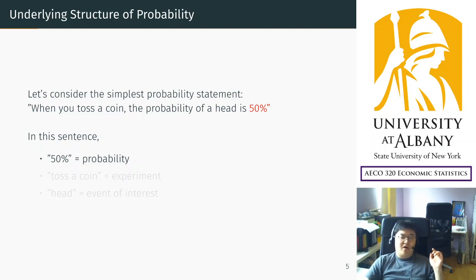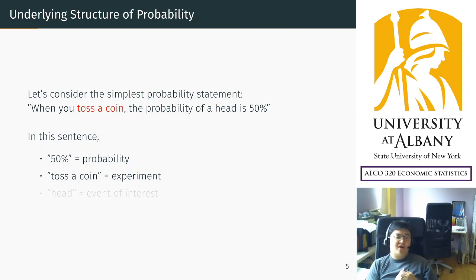That is the probability. Also, you have to define what experiment you are referring to. In this statement, you are talking about a coin toss. So that is the experiment. If you drop this part, "the probability of a head is 50%" is incomplete, though you understand what it means from the implicit assumption.